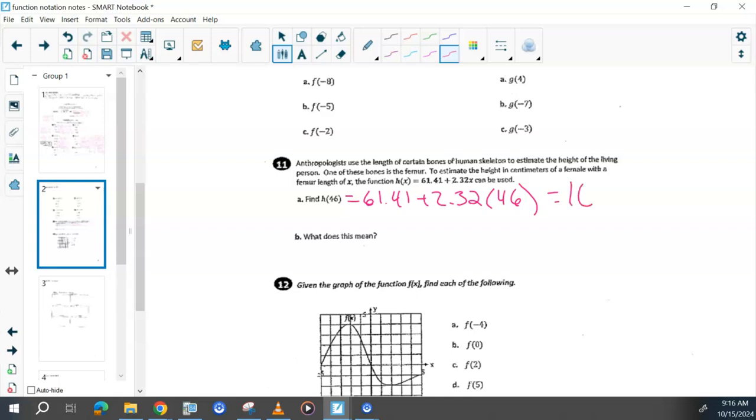Okay, 168.13. I'm going to leave that without units or anything first because part B is going to talk about that. What does this mean? So let's talk about the 168.13. What does that mean in the context of the problem?